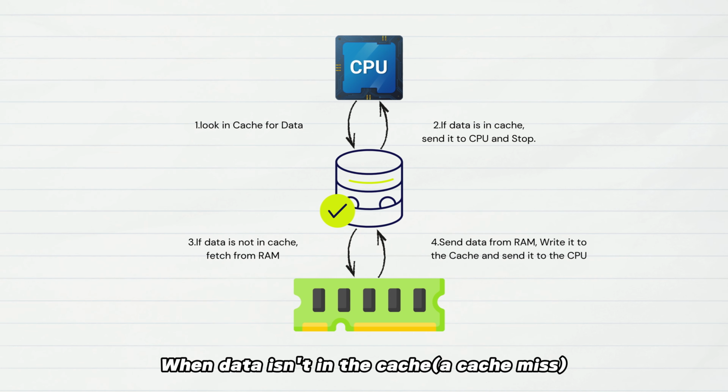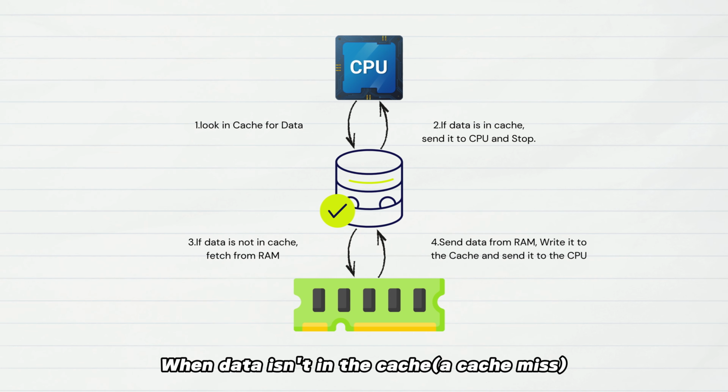RISC, in contrast, follows the principle of one instruction, one action. For example, an ARM instruction can only add the contents of registers R1 and R2, storing the result in R0. If memory data is involved, you must first load it into a register using an LDR instruction, perform the operation, and then store it back with a STR instruction, requiring 3 instructions for one addition. The benefit here is faster instruction decoding.